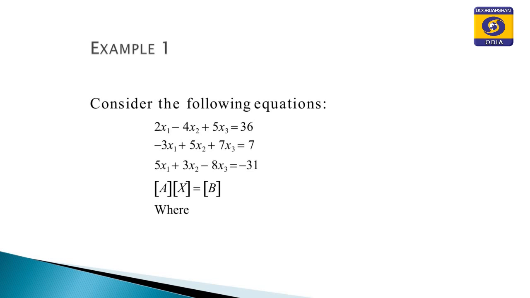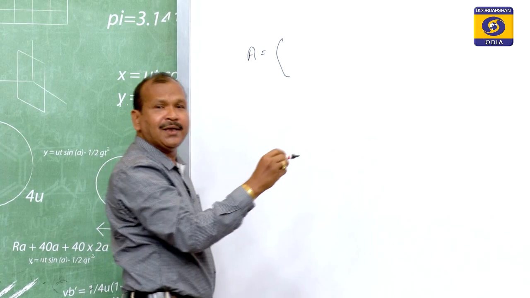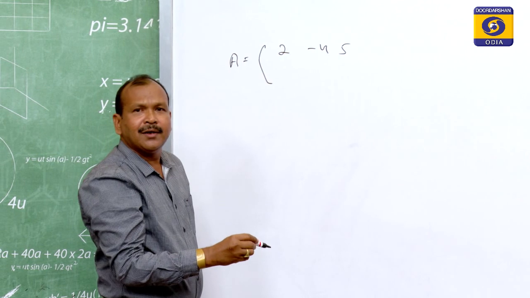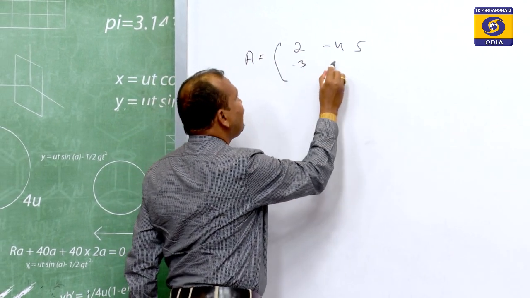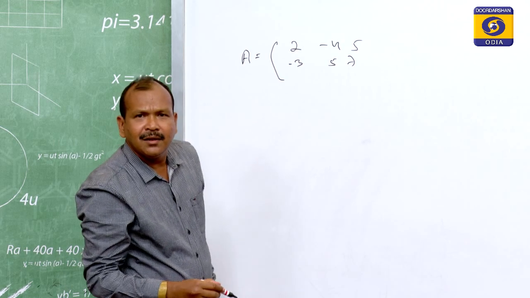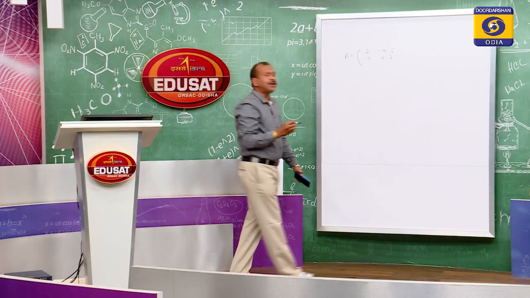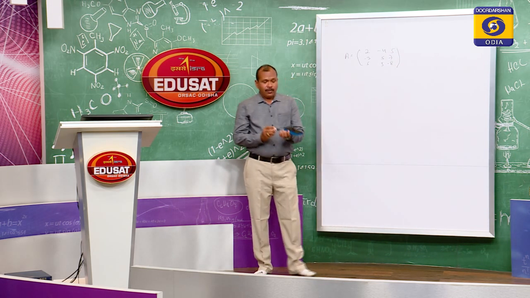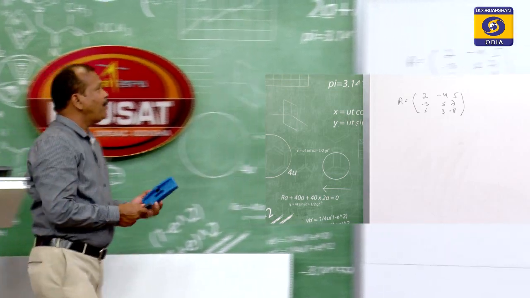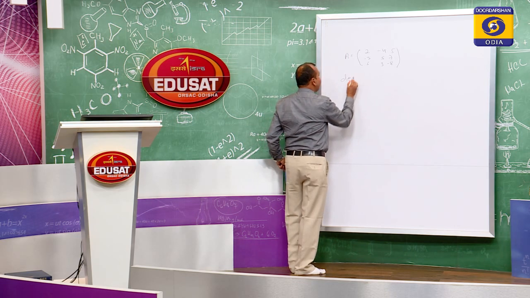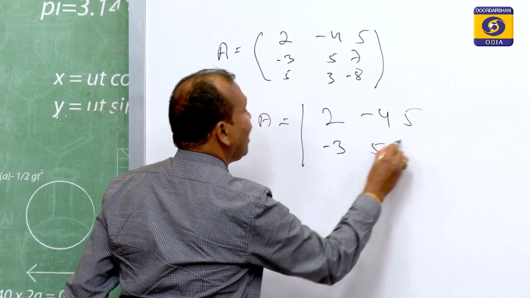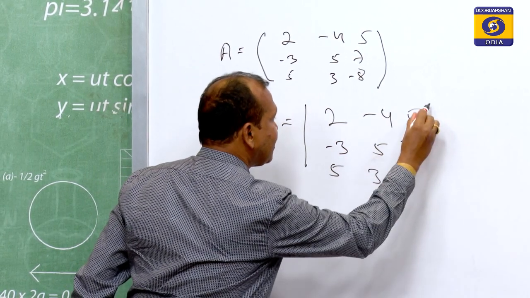That can be written as Ax is equal to B, where A is the matrix 2, minus 4, 5, minus 3, 5, 7, 5, 3, minus 8. Now from this, first find det A, which is the determinant 2, minus 4, 5, minus 3, 5, 7, 5, 3, minus 8.